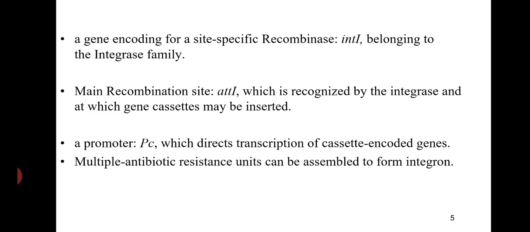Then multiple antibiotic resistance units can be assembled to form integrons. So the multiple antibiotic resistance character of gene cassettes gets inserted into the integrons.